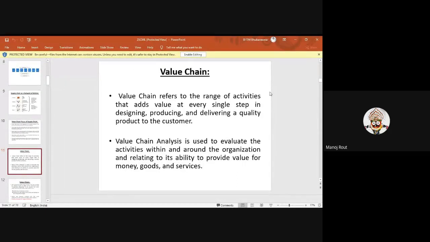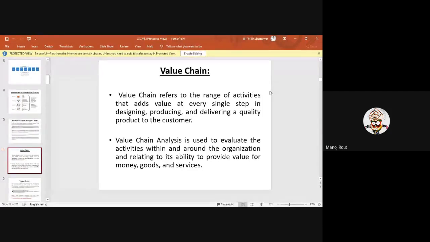As I told, value is added in all activities of supply chain. So first we have to understand the concept of supply chain. The supply chain refers to the range of activities that add value at every single step in designing, producing, and delivering a quality product to the customers.